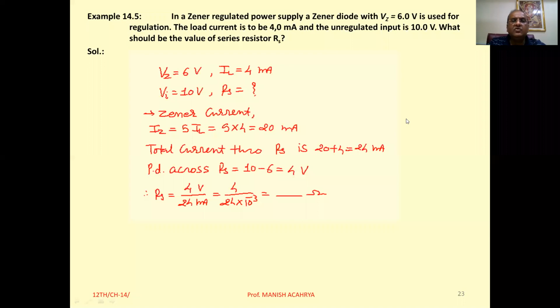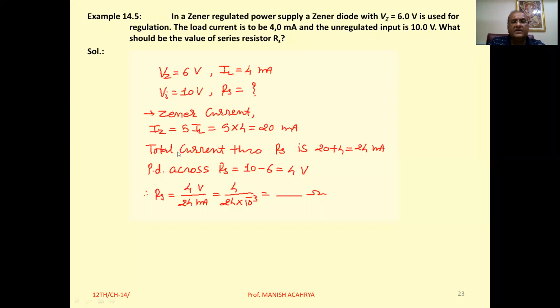What should be the value of series resistor Rs? Now see, Zener voltage is given to you, 6 volt, IL, the load current, is 4 milliampere. Then the input unregulated voltage is 10 volt, we have to calculate Rs.